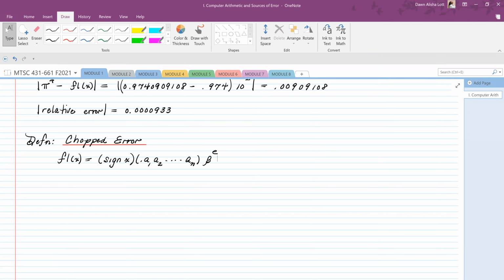One other type of error we also have is mathematical truncation error.